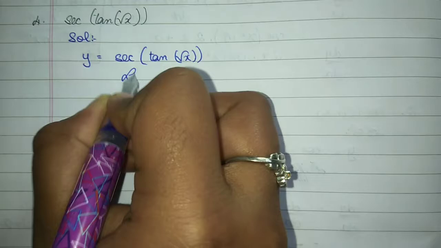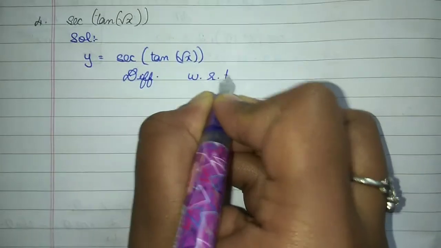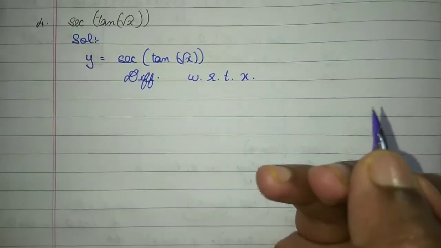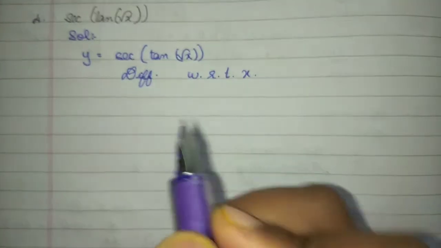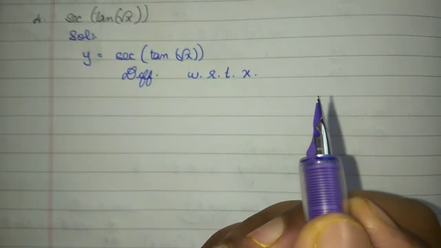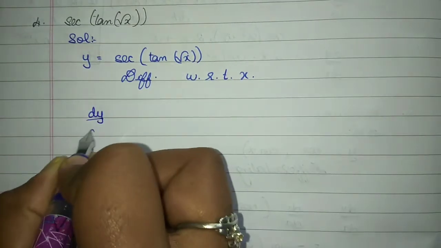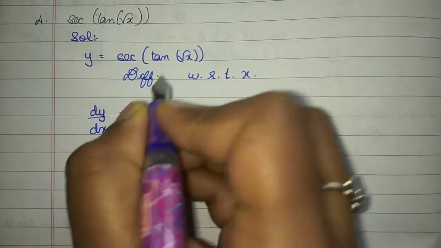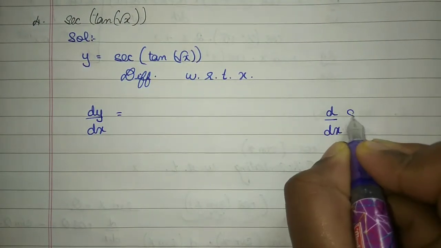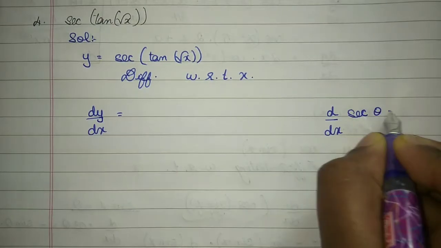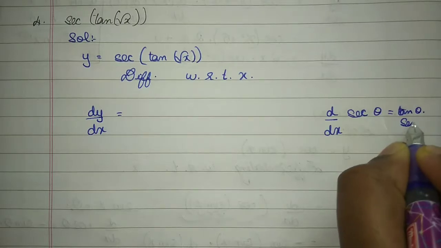So again we will write differentiate with respect to x. Always it is necessary to write this differentiate with respect to x, or with respect to any variable that we are deriving. So I will write dy by dx is equal to, so we know the formula, d by dx of secant theta is equal to tan theta into secant theta.